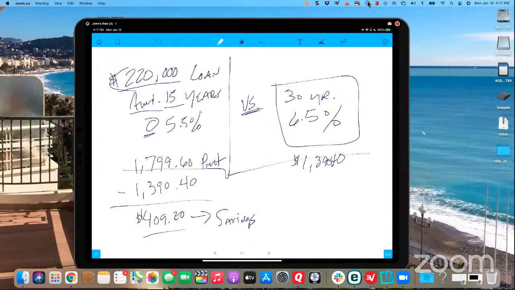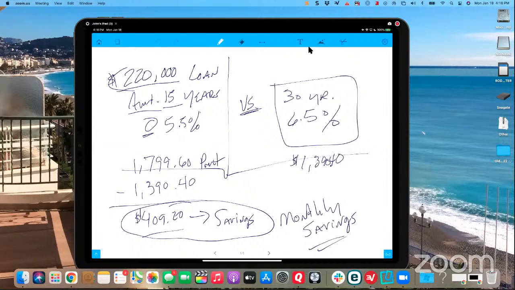I'm going to look up here in the chat, and they want to know what the savings is over the life of the loans. Thank you for sharing that with me. So that's going to be real easy to do. Hopefully everyone understands this is the monthly savings.